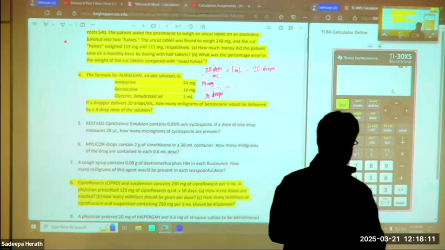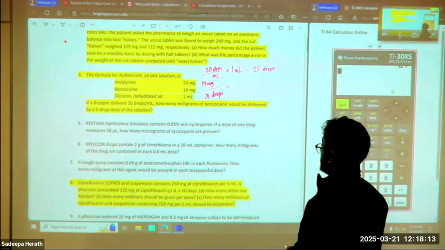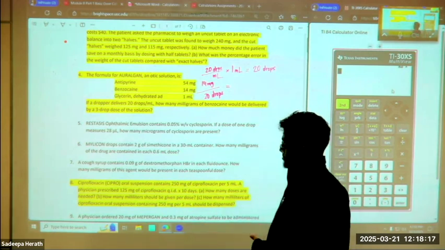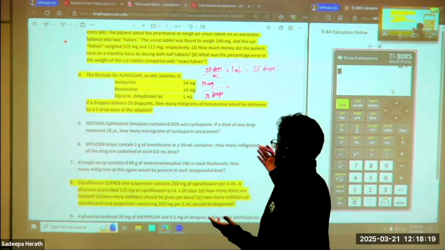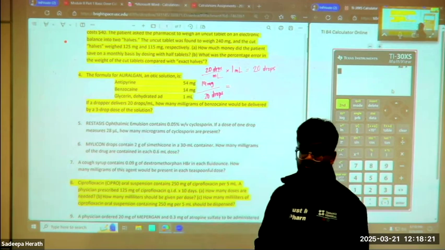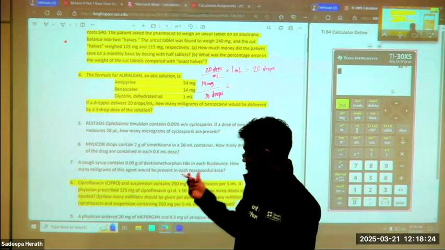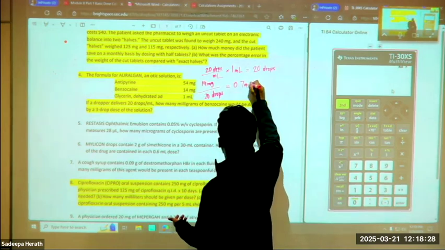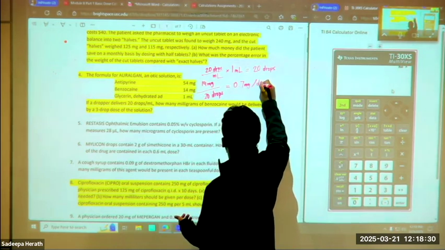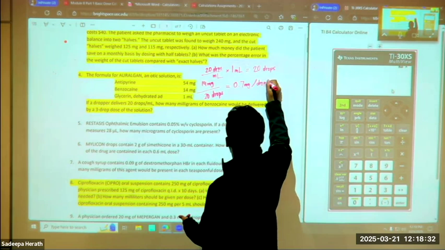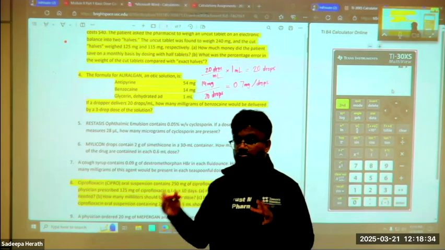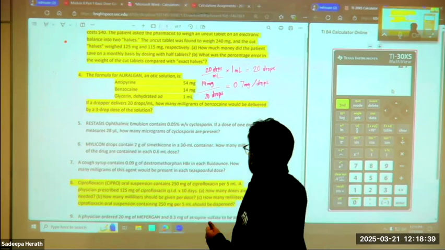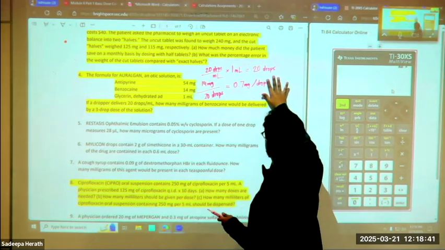We're trying to find out how much of the drug is in each drop. 14 divided by 20, if you want to do it in your head, divide these by 2, that's 7 over 10, that's 0.7 milligram per drop. Okay, so now we have our unit amount, now it's per drop.